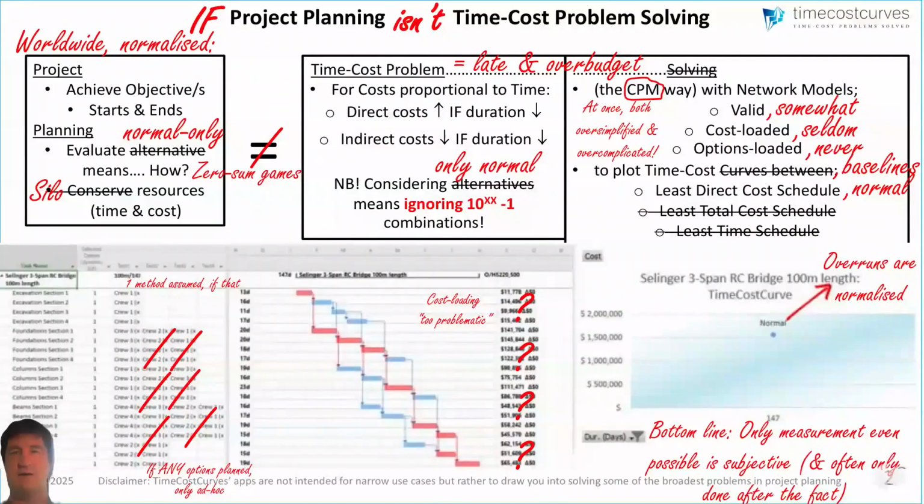So your Gantt chart may or may not be valid, and as I've said before, it's easily concealed unless you view it as an activity on arrow chart. Cost loading schedules is seldom done in my experience. As I've said, options loading, never before, as near as I can tell, is there any Gantt chart critical path method software which handles utility data, except for what I have developed.